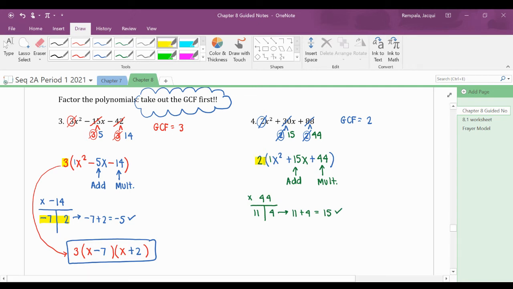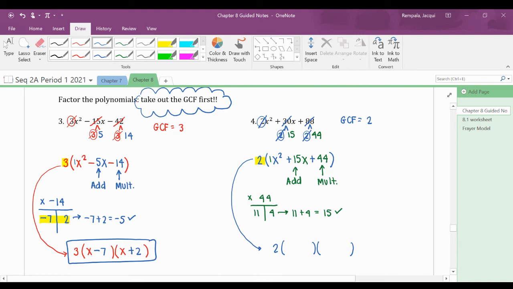Don't forget, originally we had this GCF of 2. So I am going to bring that down, and I need to have a 2 in the beginning of my final answer. Then in parentheses, we have to put whatever's left over.